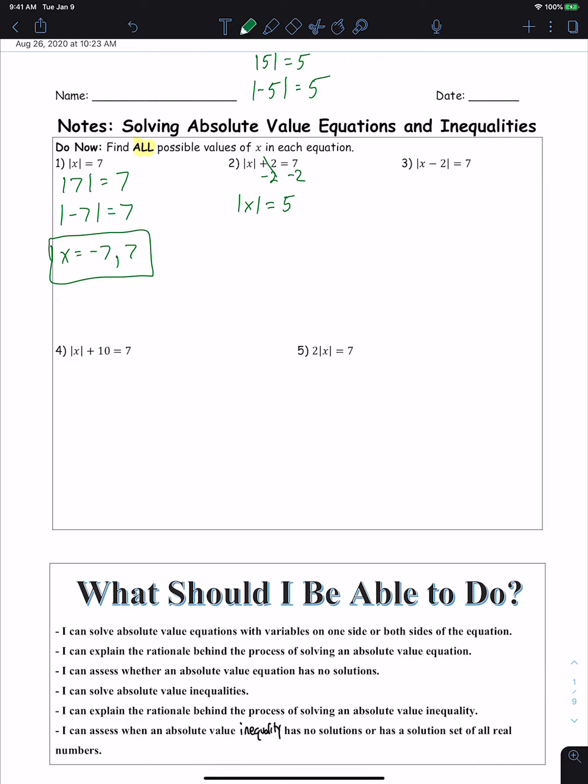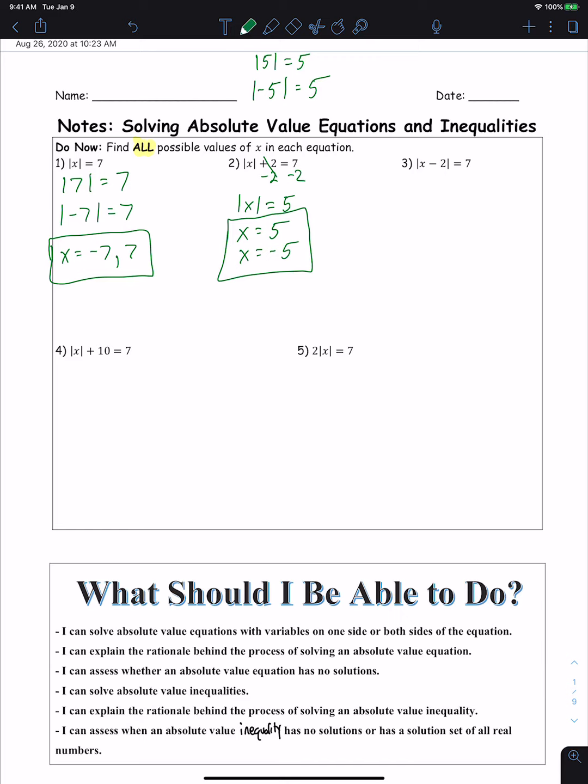And now we have the same kind of equation as we did in number 1. We know that the absolute value of 5 is equal to 5, so x would equal 5. But we also know the absolute value of negative 5 is also equal to positive 5. So my solutions will be 5 or negative 5.